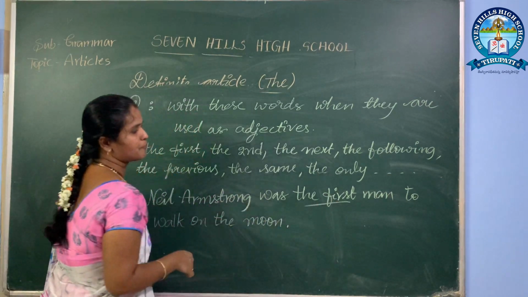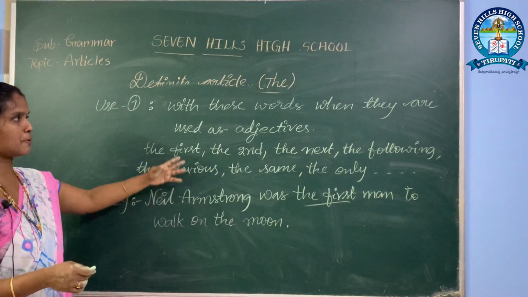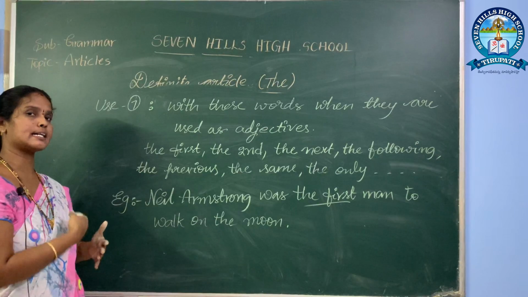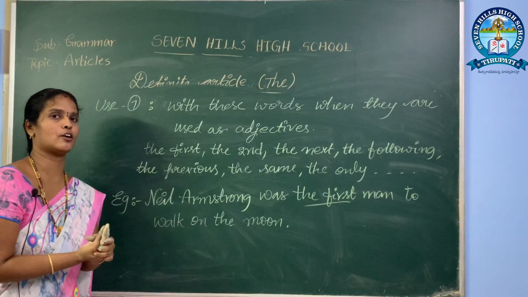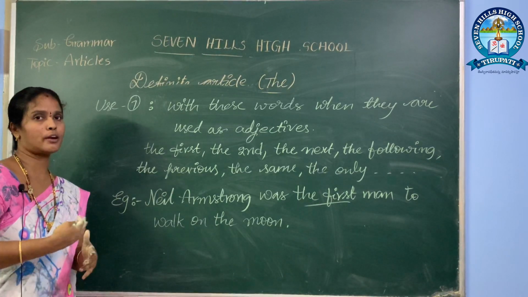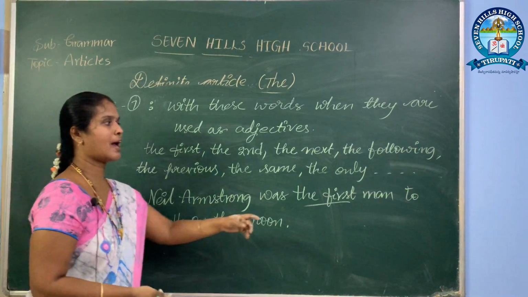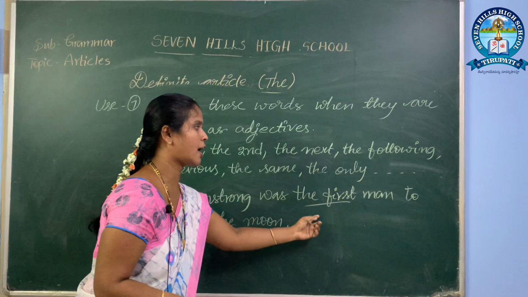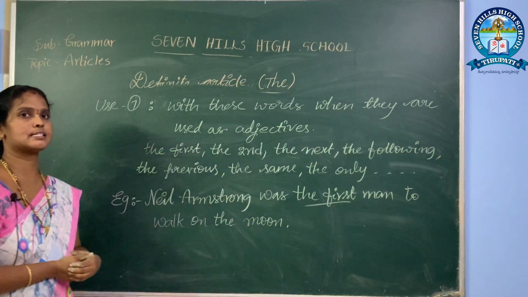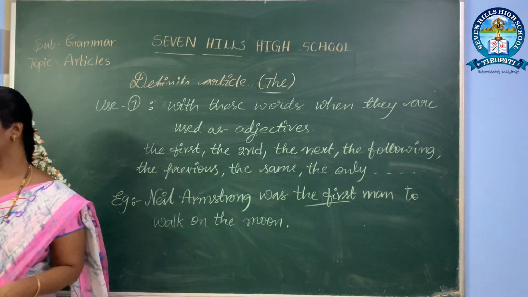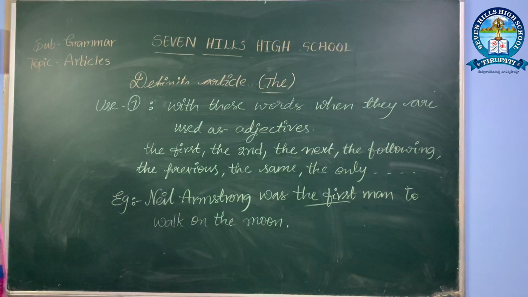The first. Before these expressions, when they are used as adjectives, that means describing words, we find them before nouns. Say man is a noun. Before the noun, we used the first.